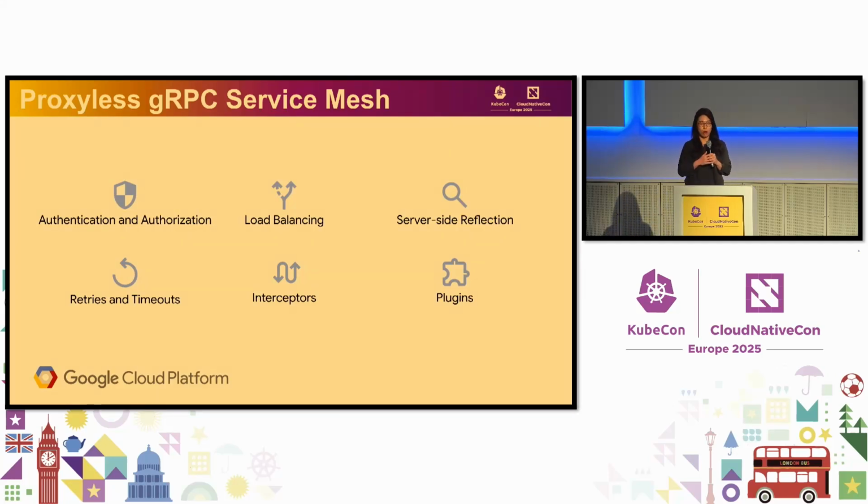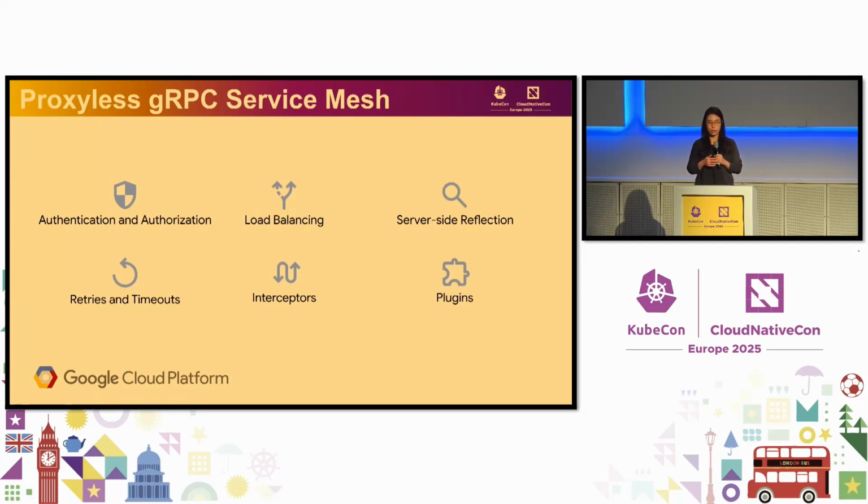Proxyless gRPC also comes with many features that allow you to bring service mesh capabilities into your gRPC applications. gRPC supports various authentication and authorization mechanisms, including OAuth and JWT tokens. It can also be integrated with load balancing systems to distribute the traffic across multiple service instances.